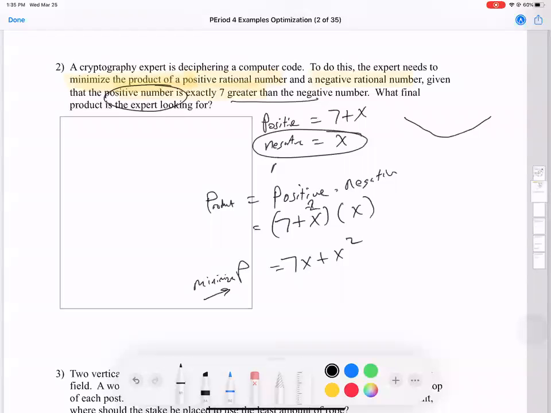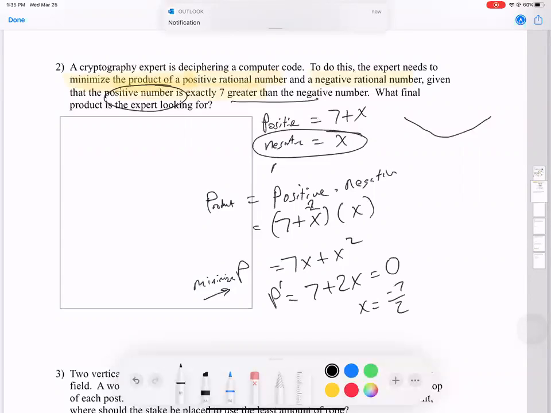Okay, take the derivative. It is 7 plus 2x. So we want to make this equal to 0 because we're trying to minimize it. So x is equal to negative 7 over 2.